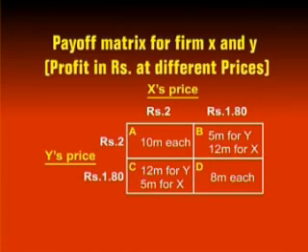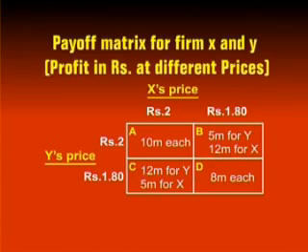In X's case, this will again be to cut price, only this time on the optimistic assumption that firm Y will leave its price unchanged at rupees 2. If firm X is correct in its assumption, it will move to box B and achieve the maximum possible profit of rupees 12 million.